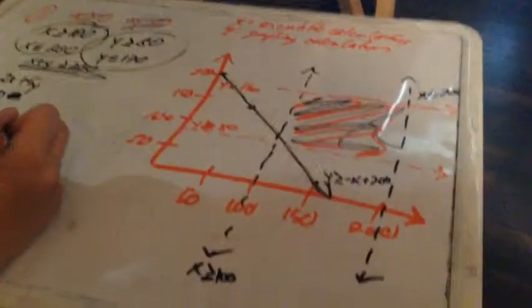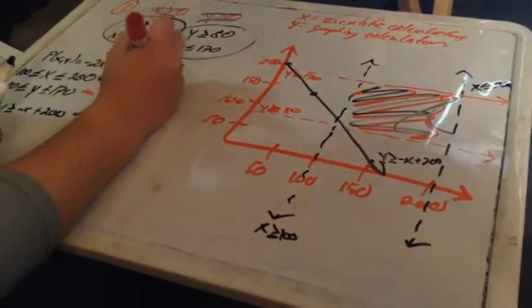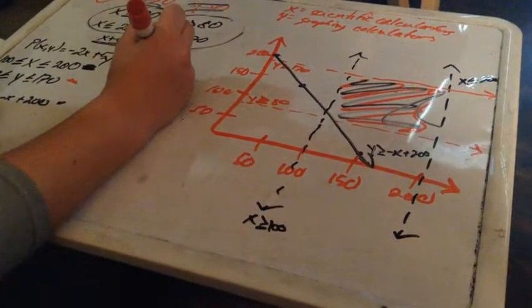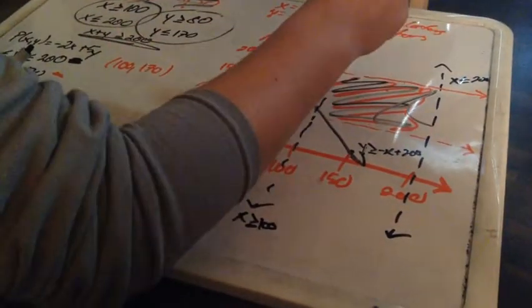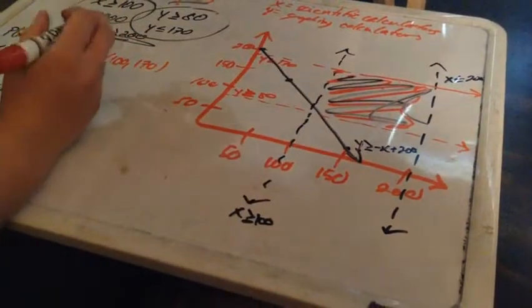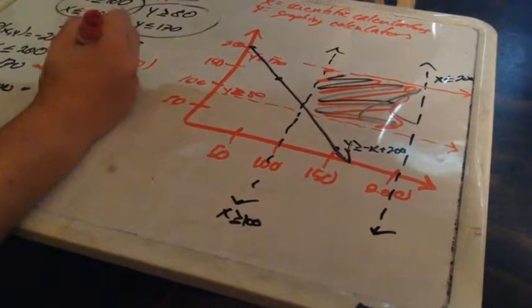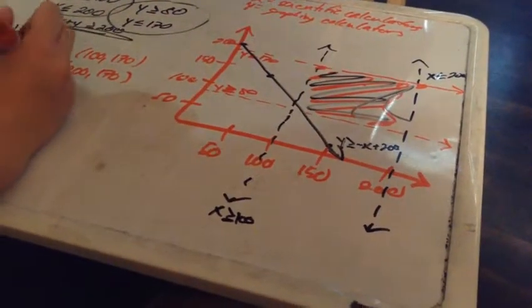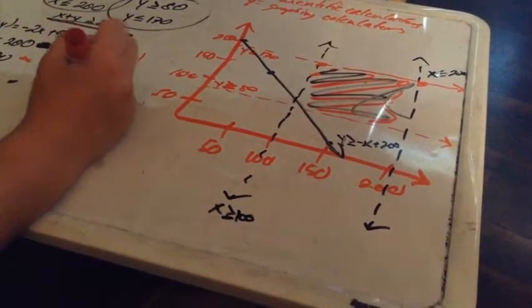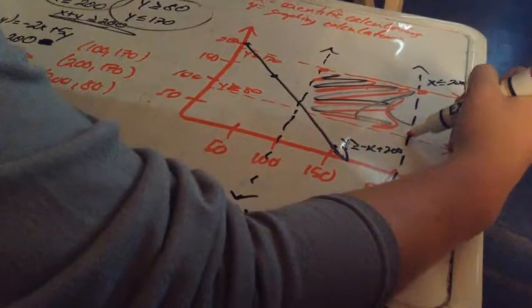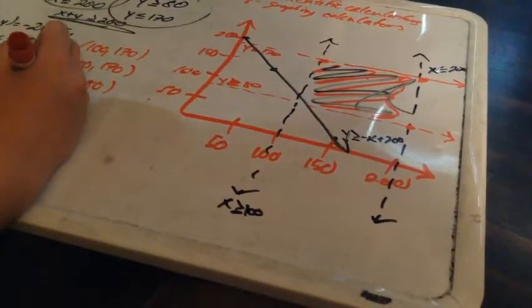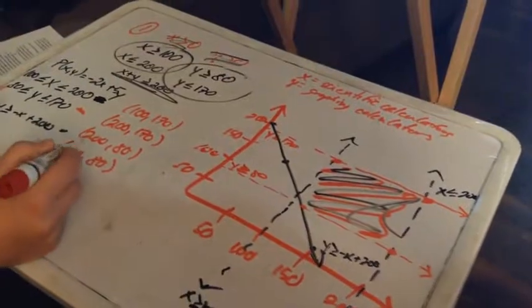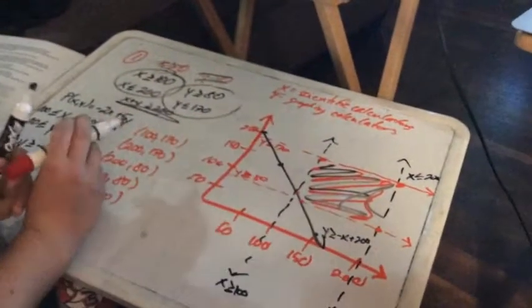So our vertices that we get from this are 100, 170, which is right there, 200, 170, which is there, and 200, 80, which is also there, and 120, 80, which is there. And our last point is 100, 100, which is there.